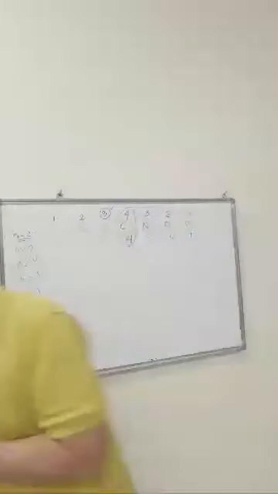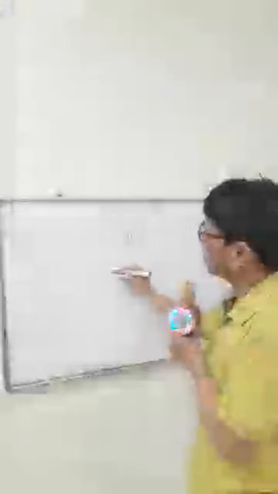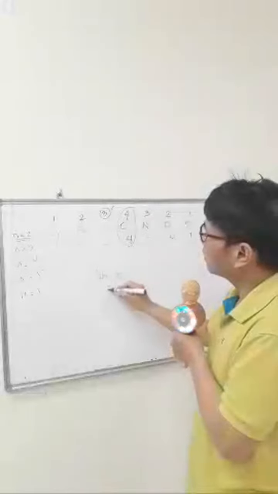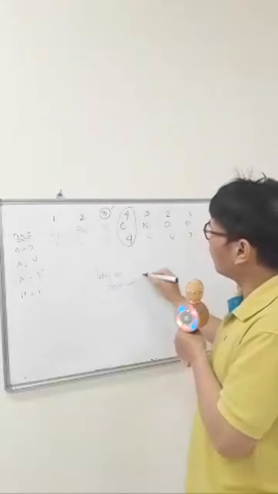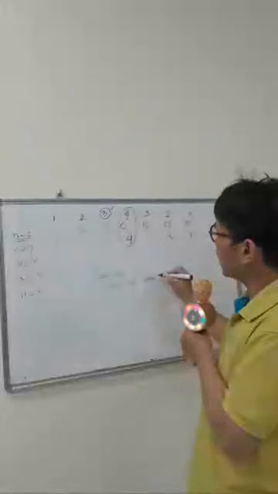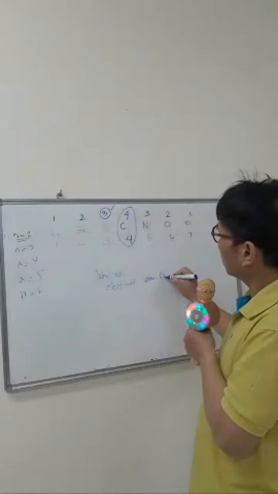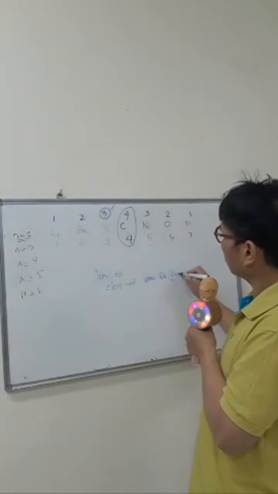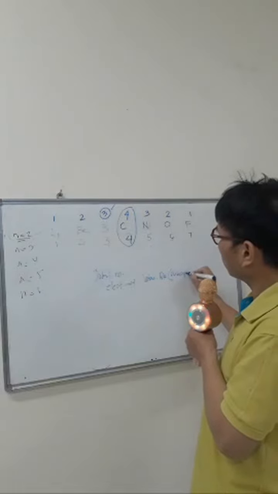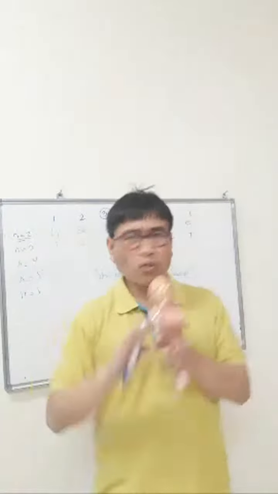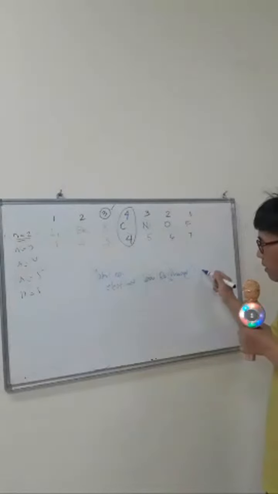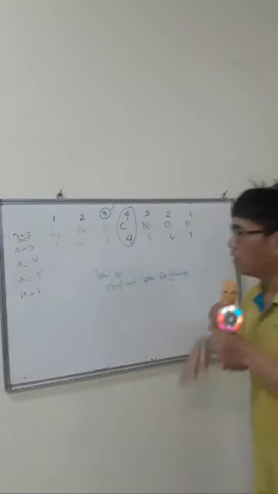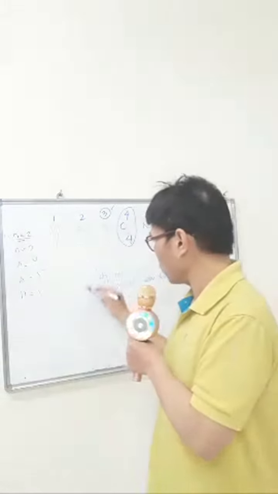So the formula for the total number of electrons is equal to the valence electrons in the outermost shell times the subscript of the individual element. Then if there are many elements, follow this one: valence electrons times subscript, plus valence electrons times subscript individually, so that you can obtain the total number of electrons.